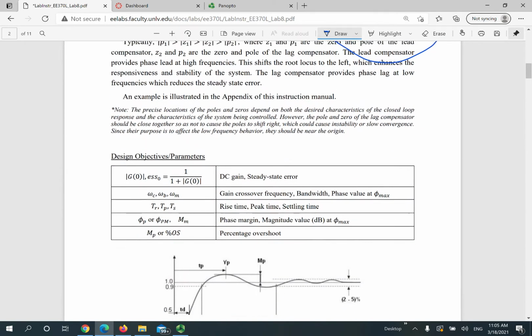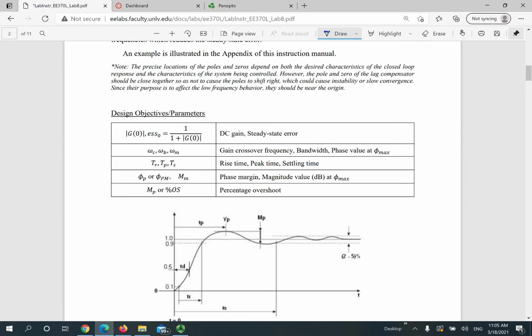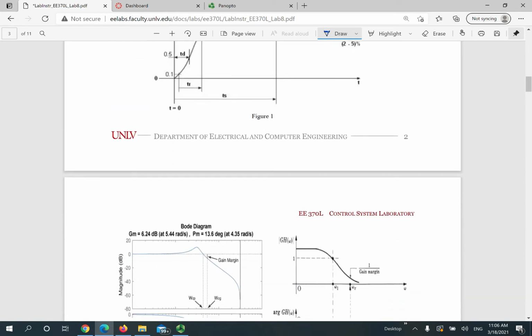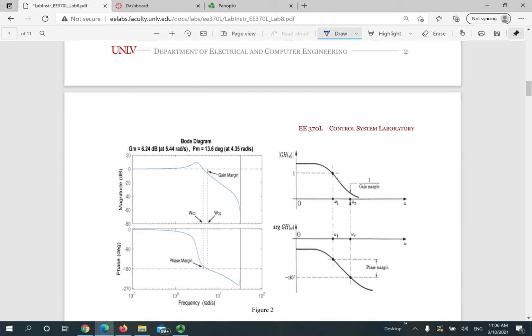And the reason to use a lead-lag compensator is to improve the frequency response, or the impulse response and step response, of the plant. That is, to decrease the overshoot, to speed up the response or reduce the rise time, or to reduce the steady-state error, and so forth. And this is the Bode diagram, or Bode plot, of the lead-lag system.